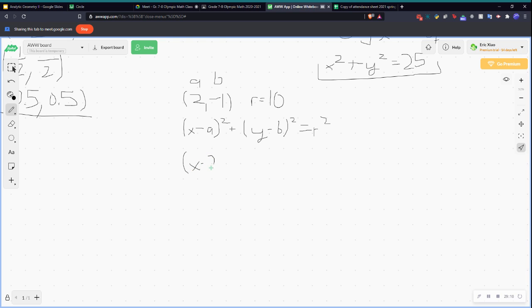So (x - 2)² + (y - (-1))², and that's equal to 10². Substitute r equal to 10 into here, and you just simplify this.